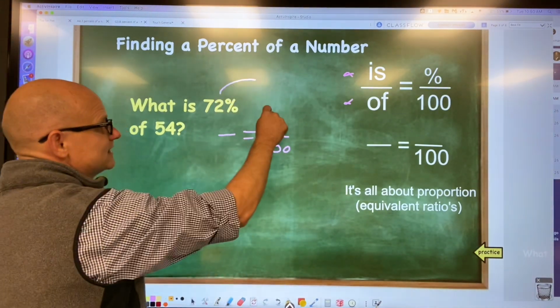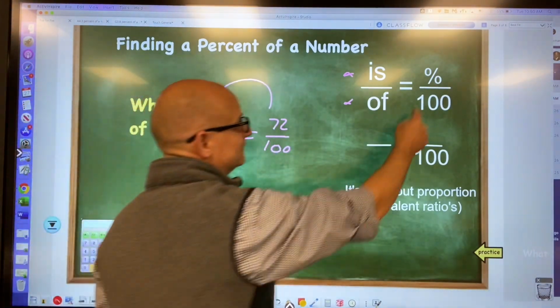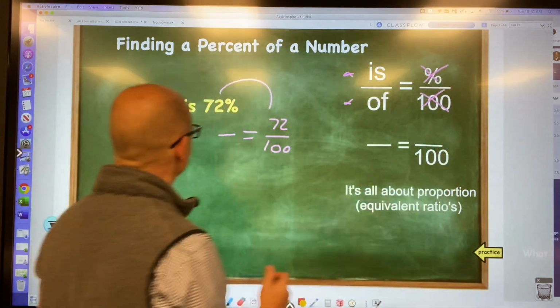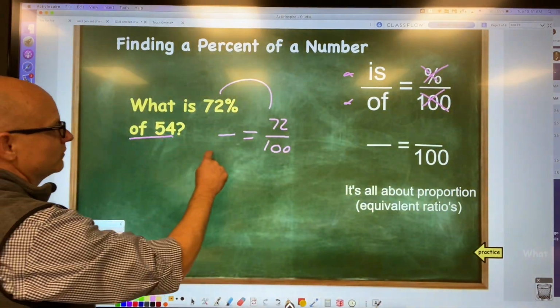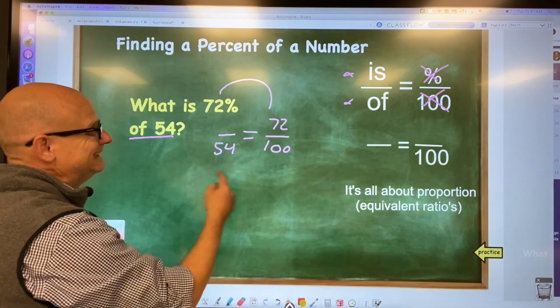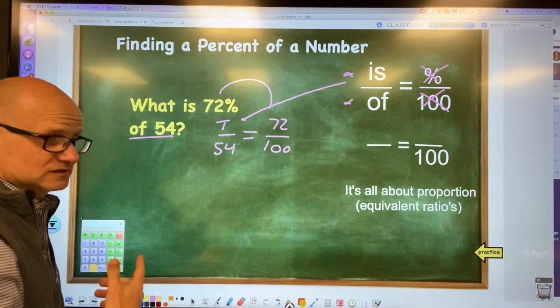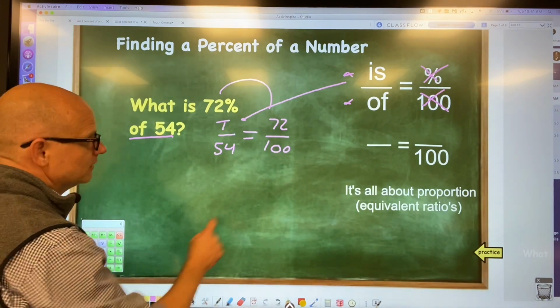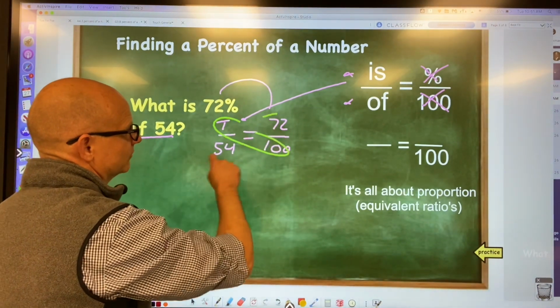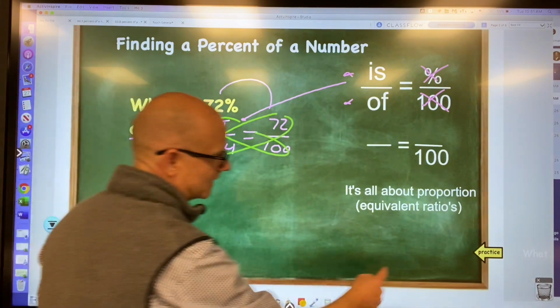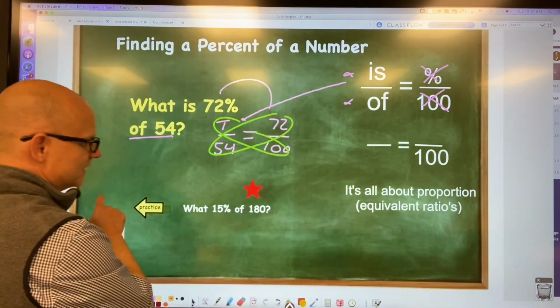We know the percent is 72. Okay, so we've got this portion and this portion done. It says of 54, so the 54 would be here. The is what we don't know, and that is your t. And now we just solve, butterfly and butterfly.